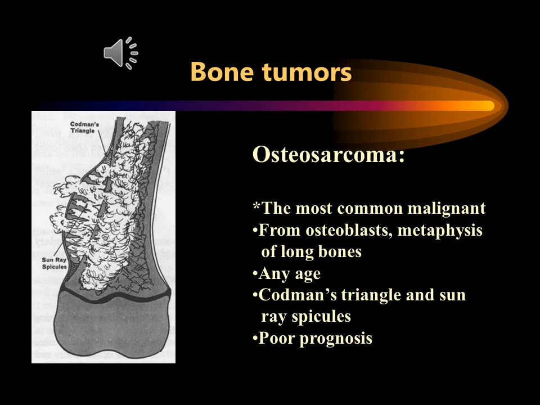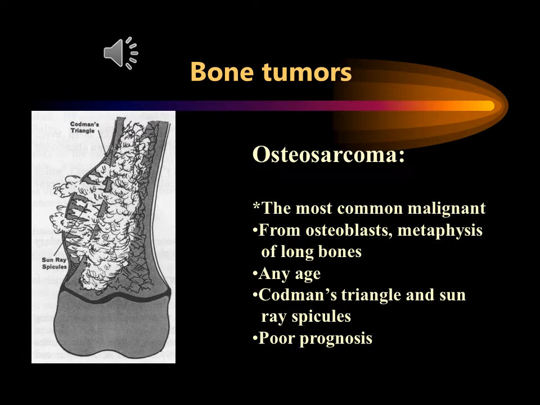And here we change to another group of bone tumors, which is the malignant bone tumor type, osteosarcoma, the most common malignant tumor. It arises from osteoblasts and the metaphyseal plate of the long bone.